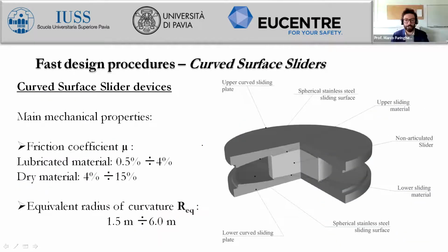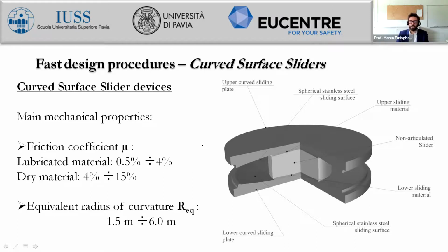So let's finish this lecture about the procedures on the curved surface sliders. You will see that maybe this is the most complicated solution from the mechanical point of view for isolation devices, because the force response is a direct function of the vertical force applied to the device.